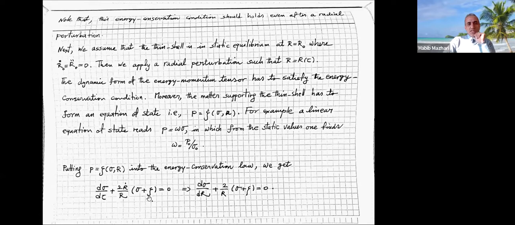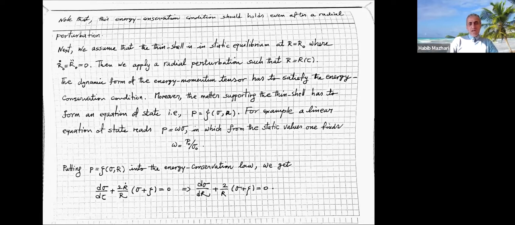Actually here, what is C, I wrote here, for any perfect fluid or any fluid in general, we always have an equation of state. So it means a relation between P and sigma. So this relation is very important because different types of fluid have different equations of state.